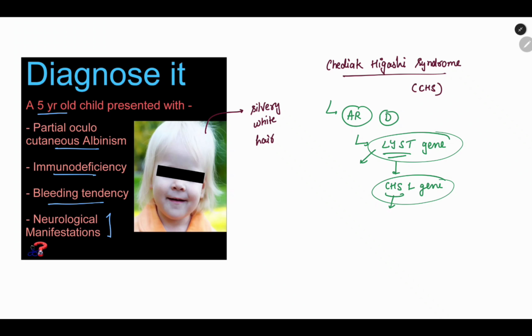Now, what happens due to the mutation in this LYST gene? There is decreased phagocytosis, and the person becomes more susceptible to bacterial infection. That is, there are increased chances of bacterial infection.